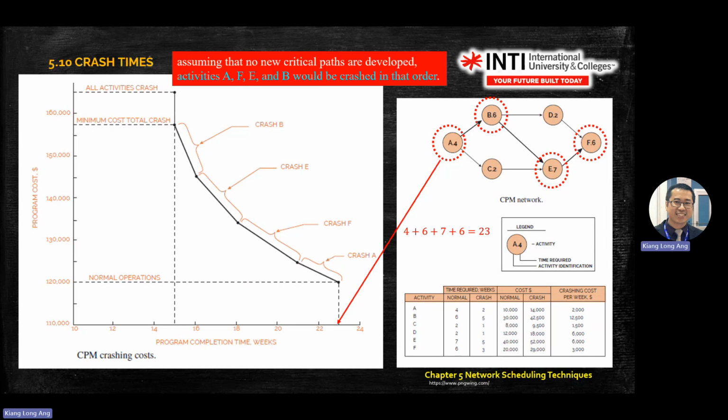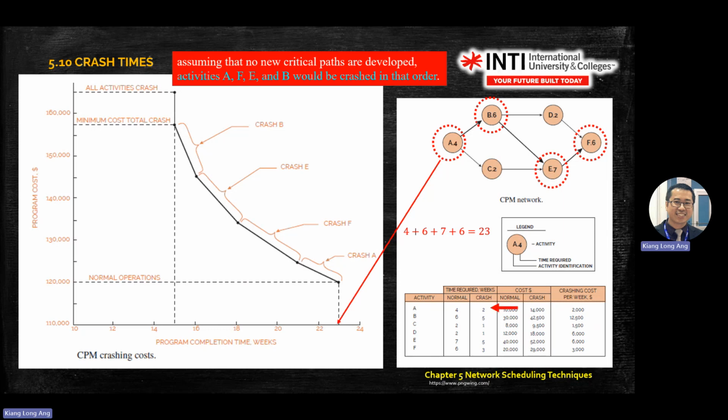The time here, 23, is from calculating the critical path. The critical activities are A, B, E, F. So you add 4, 6, 7, 6, and you get 23. So all the critical activities give you 23 weeks.